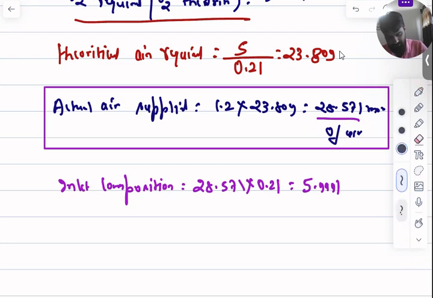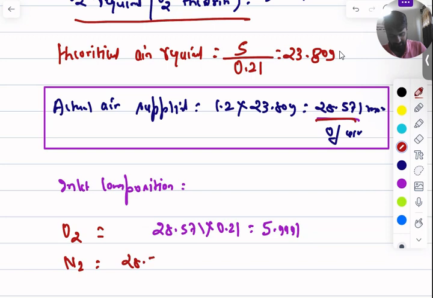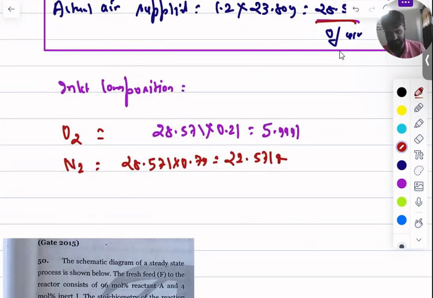First, I have to calculate for oxygen. Right. So inlet composition O2 will be this one. What is N2? Since total air is this one, 28.571, now multiplied with 0.79. How much will this be? 22.5714. You have calculated oxygen composition. You have calculated nitrogen composition.